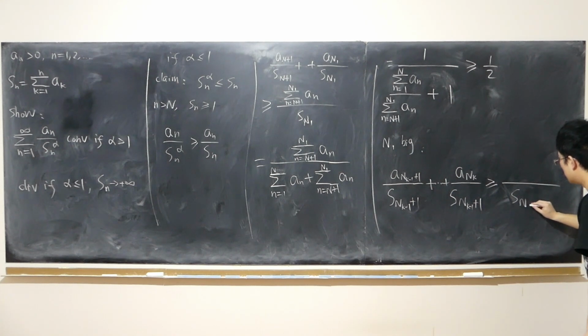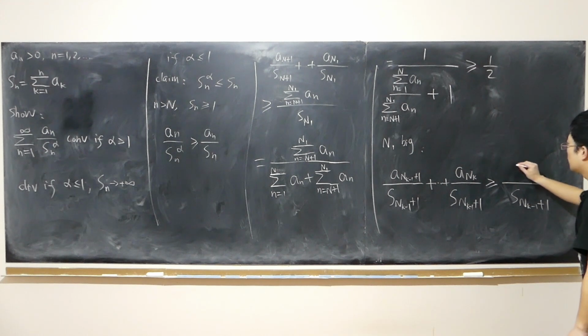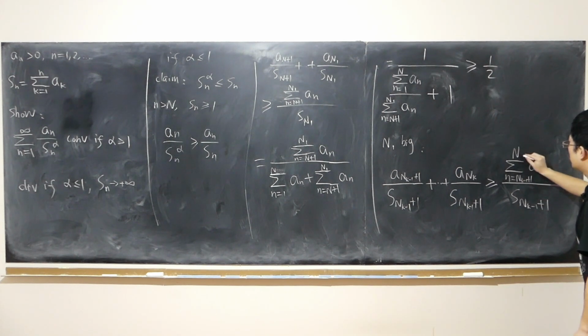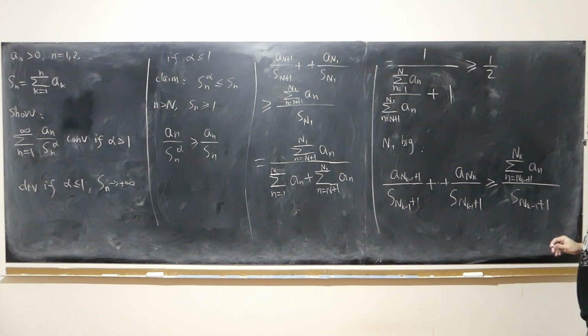Sigma, n goes from capital N sub k minus 1 plus 1 all the way up to N sub k, right?